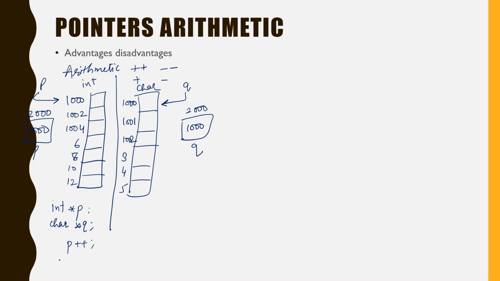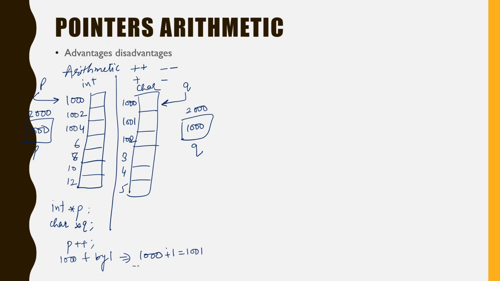Now the value of p is 1000, and it is incremented by 1. Okay, p plus plus is incremented by 1, right? Now incrementing by 1 in normal mathematics appears to be 1000 plus 1, as 1001.